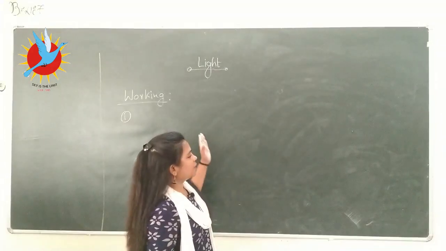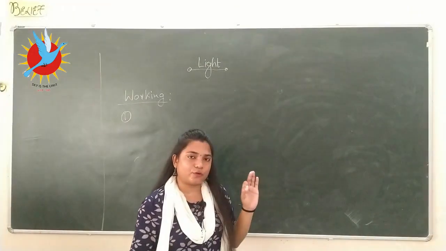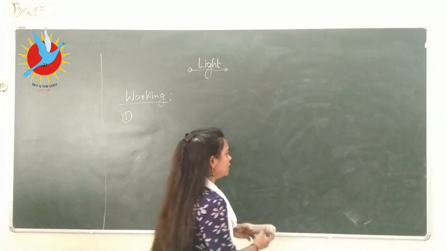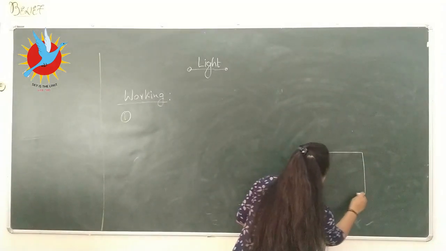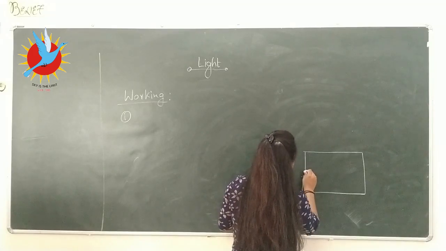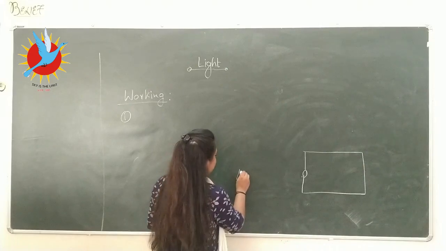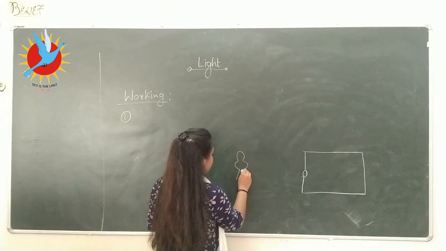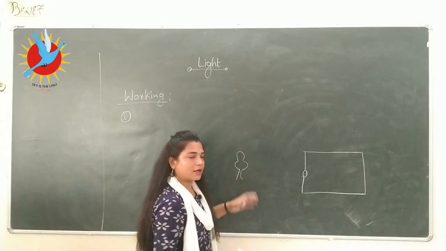Now, what is the working? Place any object whose image you want to form in front of the opening or the hole. I'm going to draw just a rough sketch here. I'm so sorry, I'm not so good at drawings. Suppose I'm taking this tree. It should be in front of this hole.